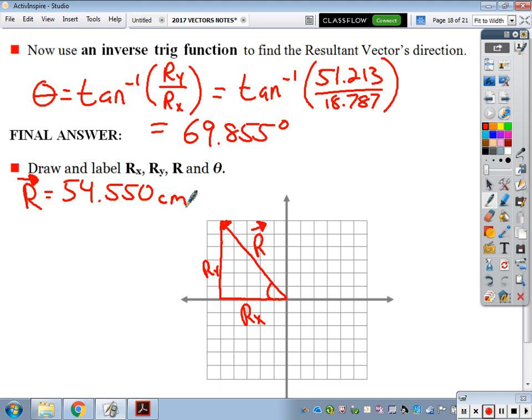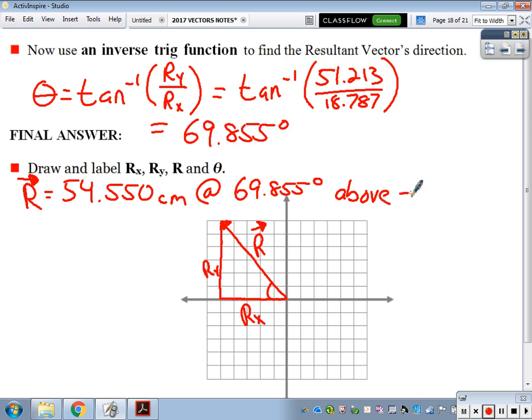So, magnitude at 69.855 degrees, in this case, above the negative x-axis.